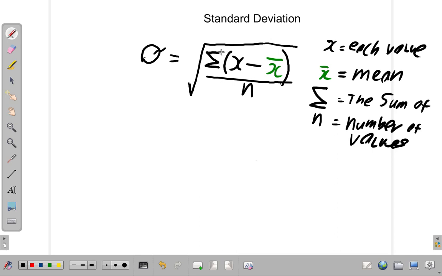Now, here, you're looking at the square root of the sum of, there's a square here, I didn't put on the square, the sum of each value minus the average and the square of that divided by n. Now when you consider just this part, the x minus bar x squared, and you add up each of them and you divide by the number, you're finding a mean, the mean of something.